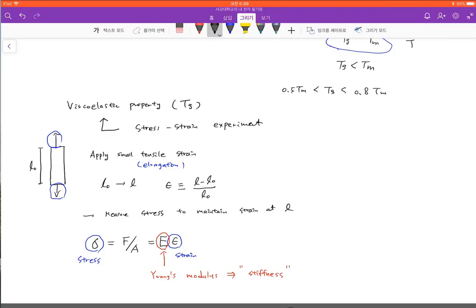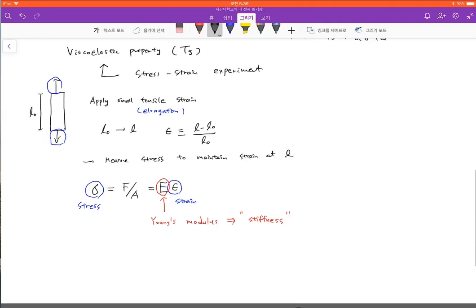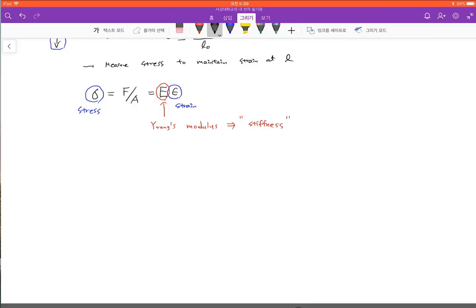Which means that at the boundary of glass transition temperature, the stiffness or Young's modulus will decrease, right? The polymer sample would be more or less soft compared to below Tg, or frozen liquid, right? So by simply measuring this mechanical property, Young's modulus, we can determine glass transition temperature.